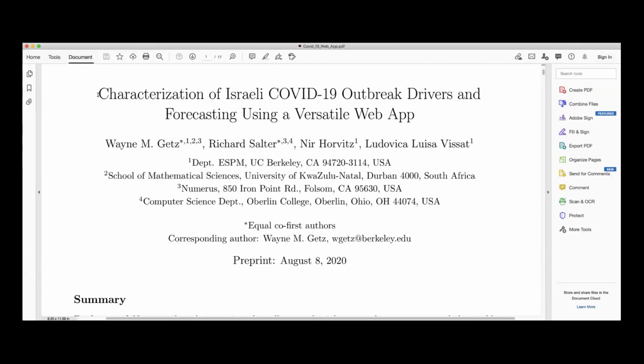This manuscript entitled Characterization of Israeli COVID-19 Outbreak Drivers and Forecasting Using a Versatile Web App discusses more fully the material covered in the sessions presented here, and the reader is referred to this for more detailed information.